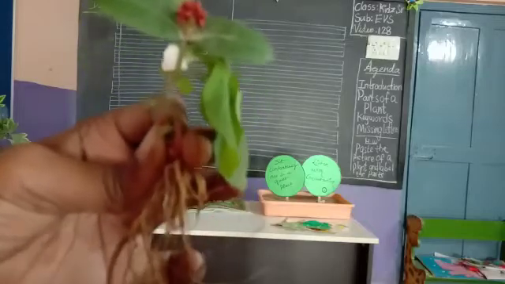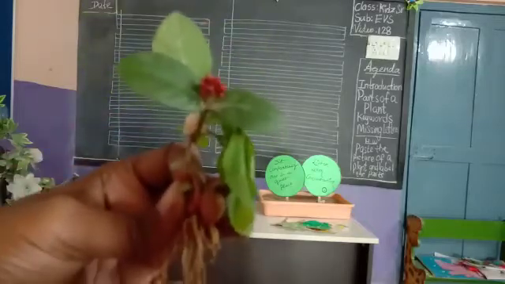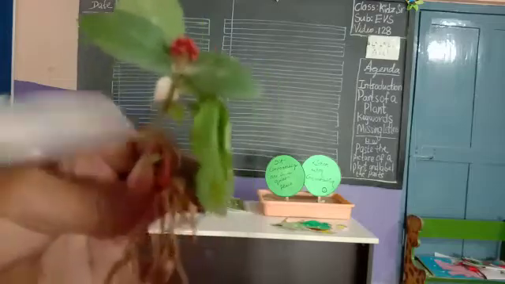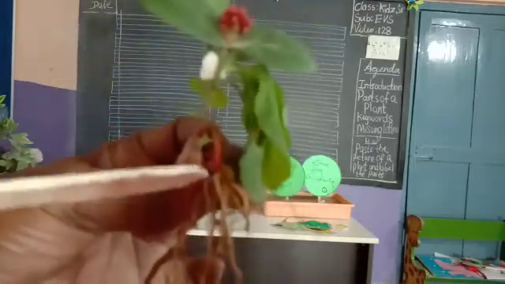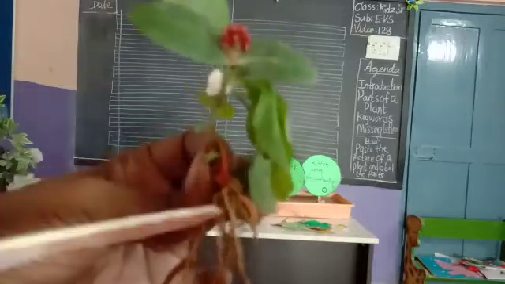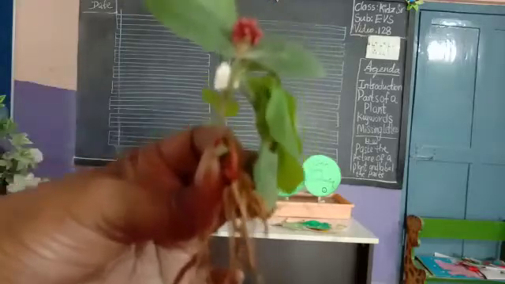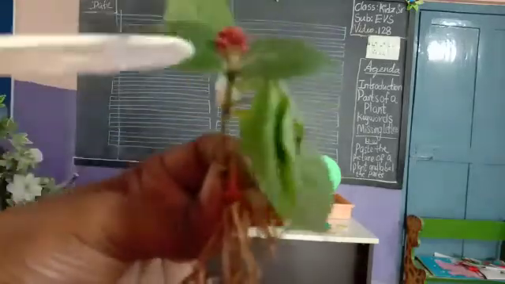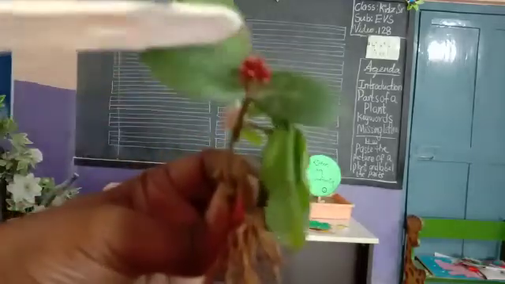So what are the parts of a plant, children? First thing is roots will be beneath the soil. Yes or no? Roots will be in the soil. So roots, stem, leaves and flower. This is a flower.